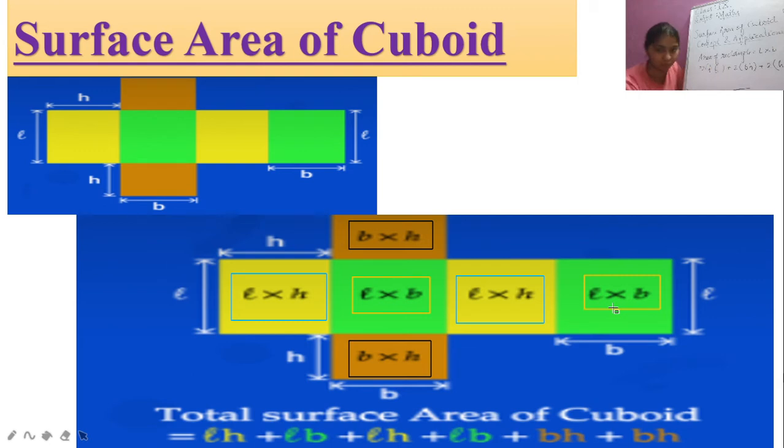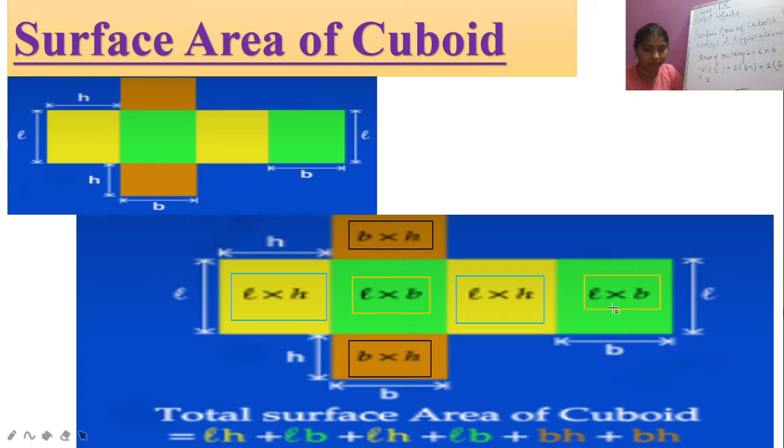If you add all, take the common factor, so that it's going to be easier for you to multiply. From each of the terms we can take 2 common, so we can simplify it.